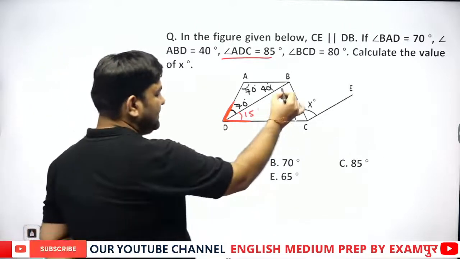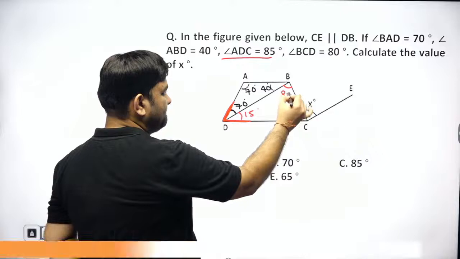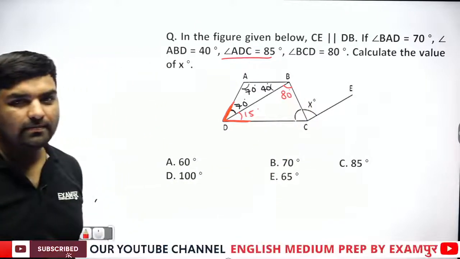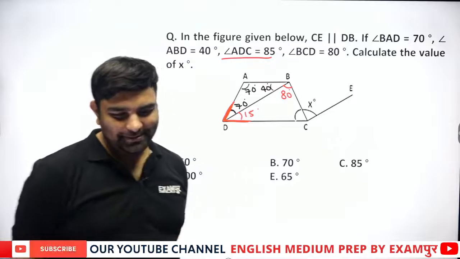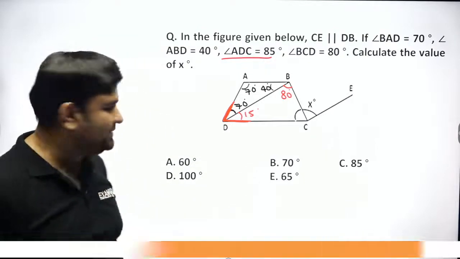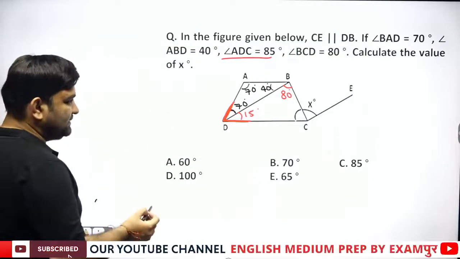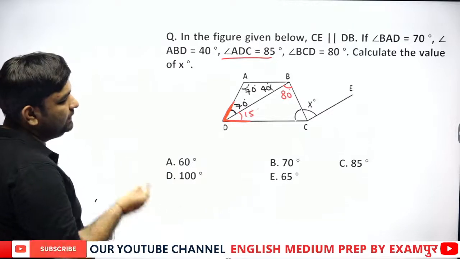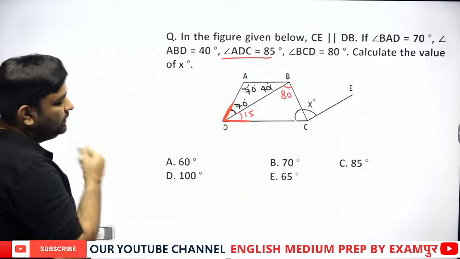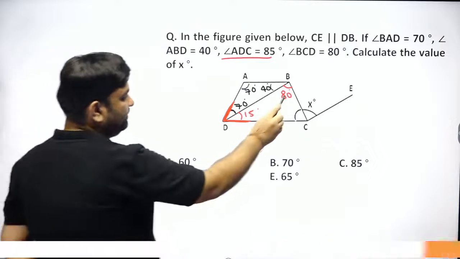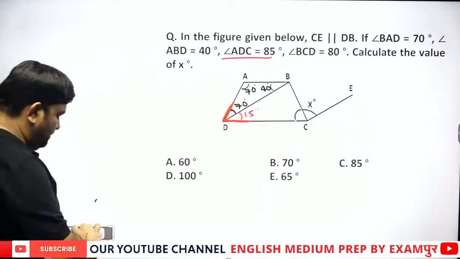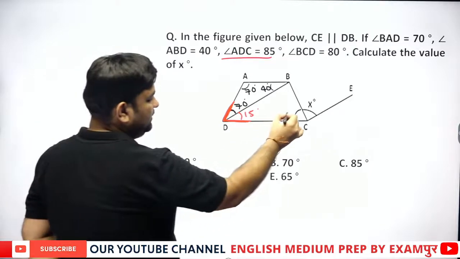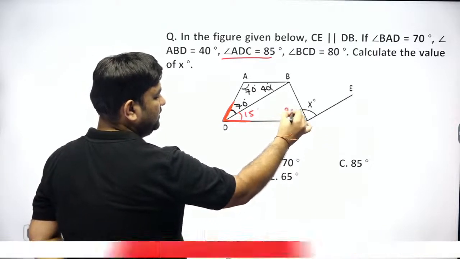Angle BCD is given 80. Now, ready for the surprise? BCD given, guys, 80.